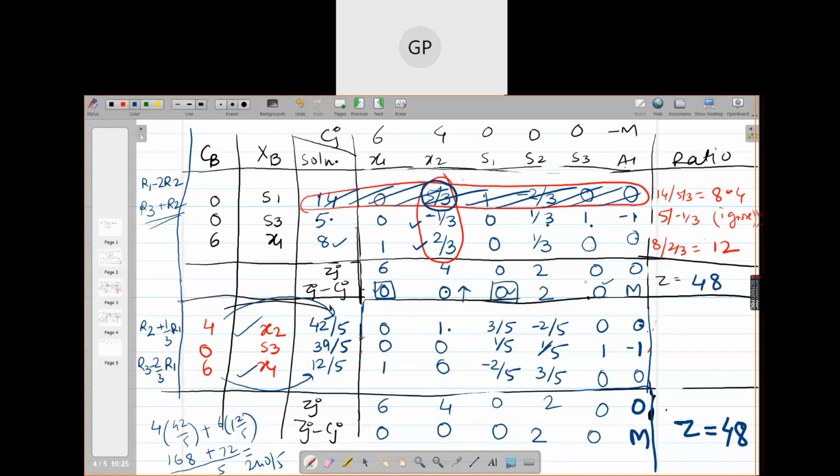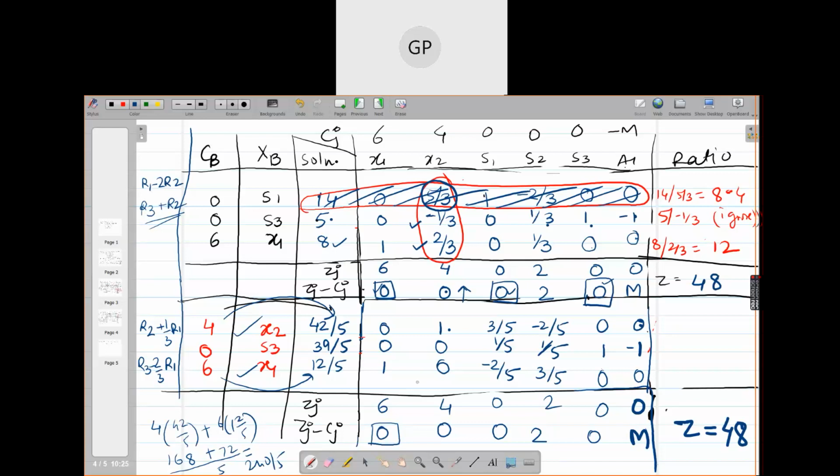Ma'am, is it necessary to even make this table? Why can't we stop at the previous step since the Z values are the same? Yes, it's necessary to show, Riona.